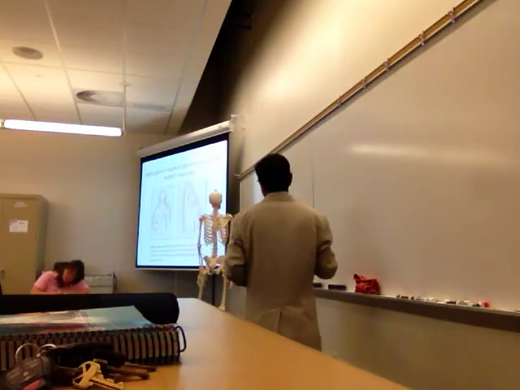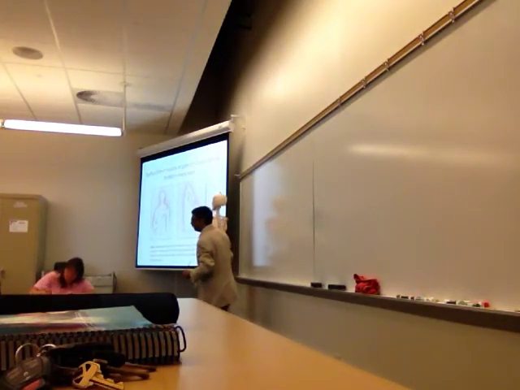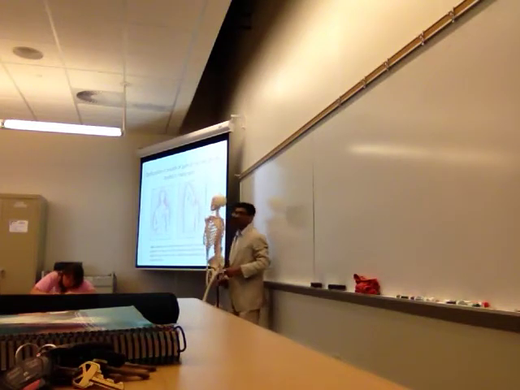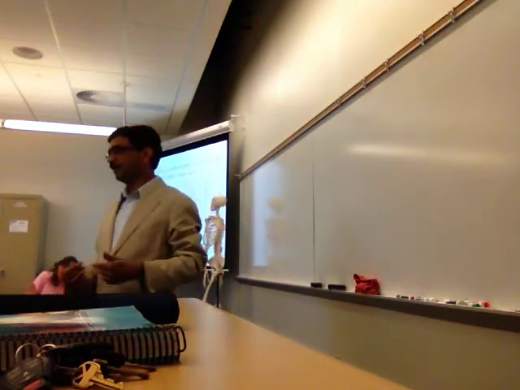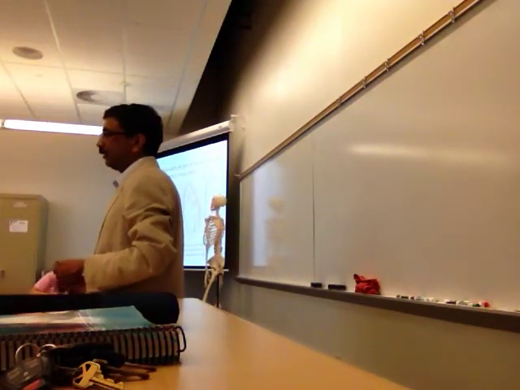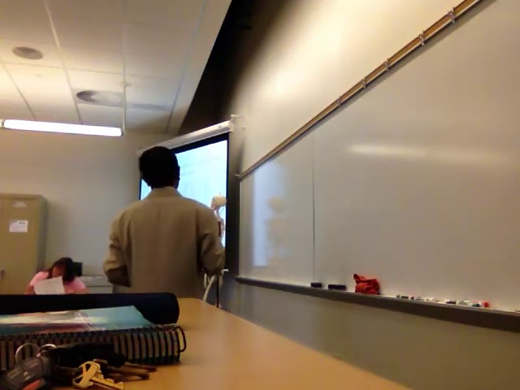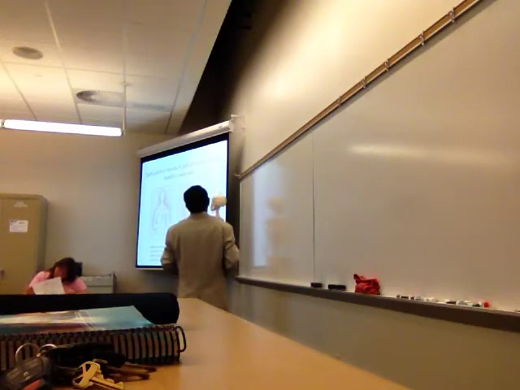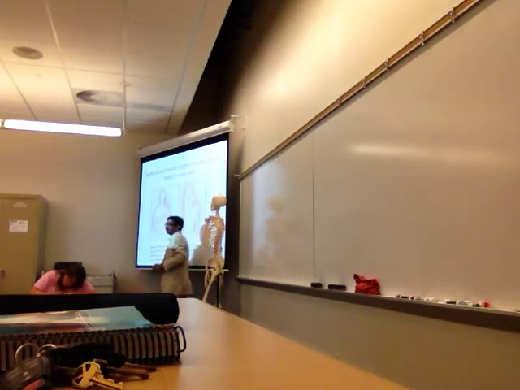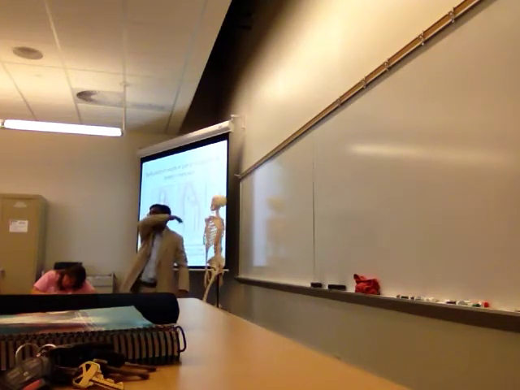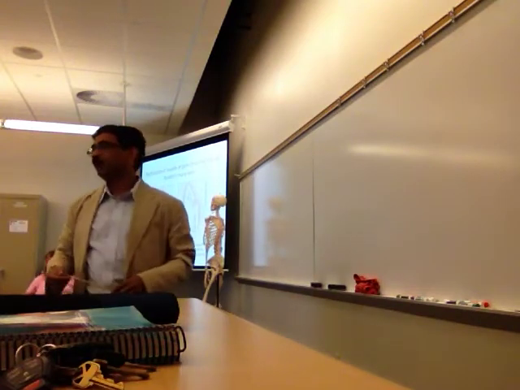There is a test that is done to see if any inflammation or any problem exists in the shoulder joint or shoulder muscles. What's that test? That test is called Apley's scratch test. The patient is asked to scratch the back of the shoulder.